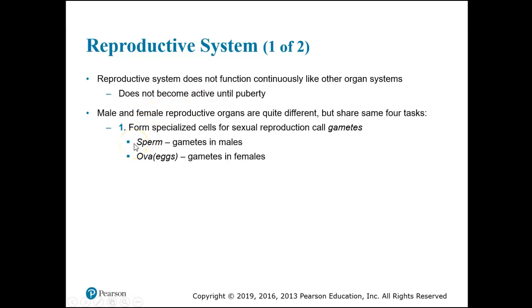The male and female reproductive organs are different, but they share the same four tasks. They form specialized cells called gametes, and the male gametes are sperm, and the female gametes are eggs or ova.